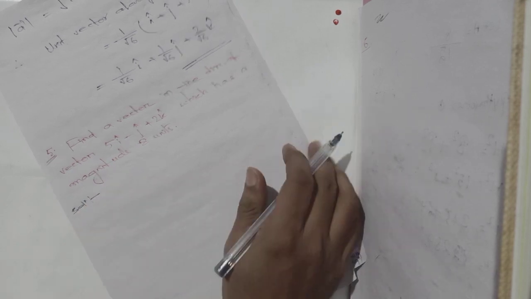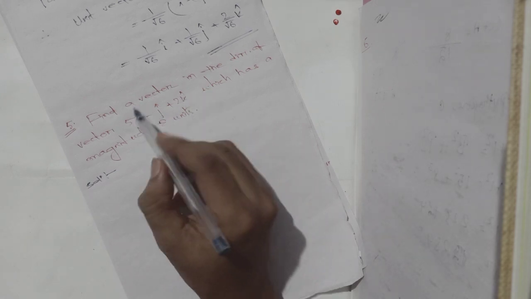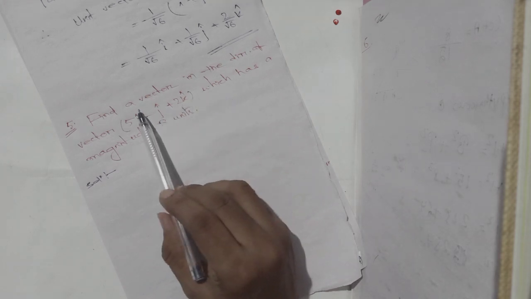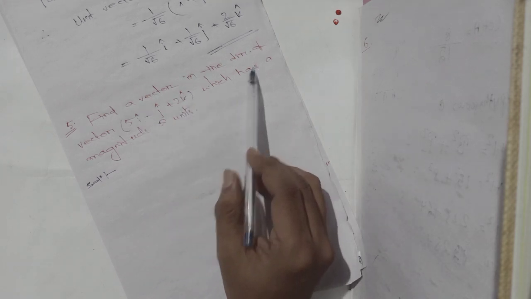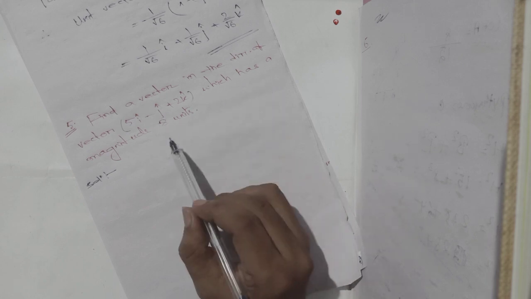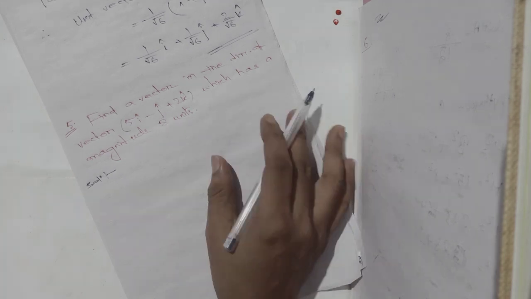Students, first of all, we have to find the unit vector, because we know that the magnitude of a unit vector is 1. If you are able to find the unit vector along the direction of this vector, and multiply that unit vector by 8, we will get the vector along the direction of this which has a magnitude 8, right?